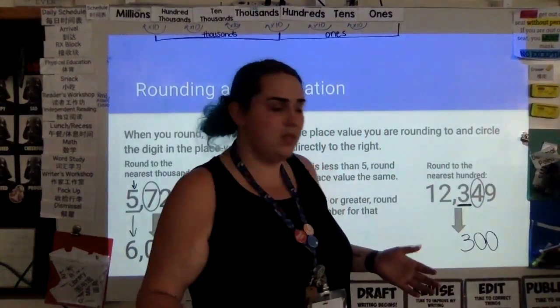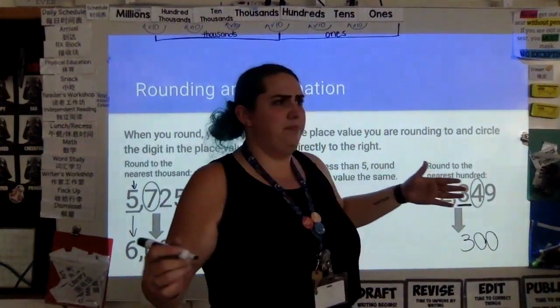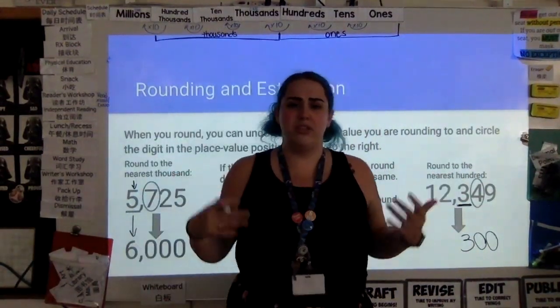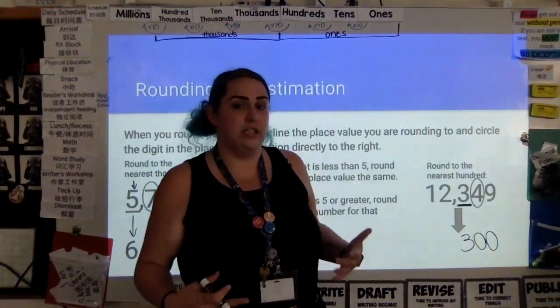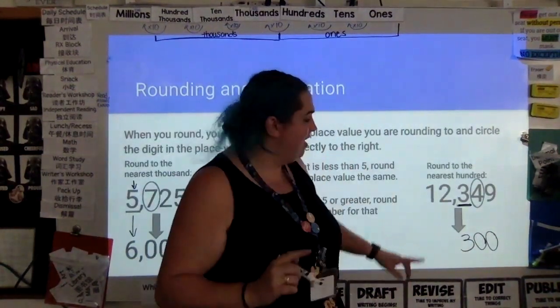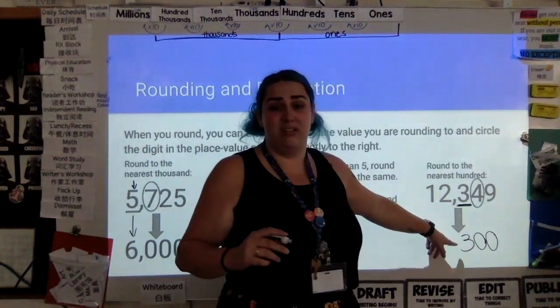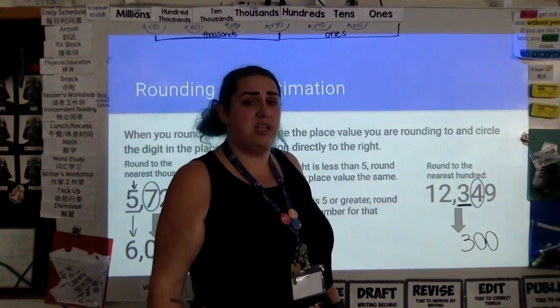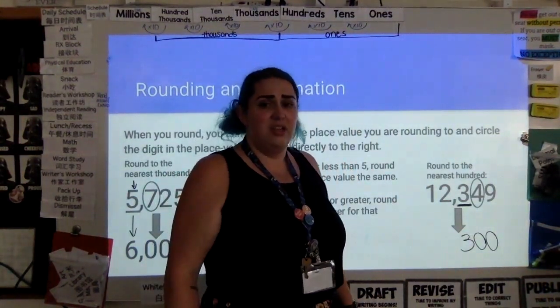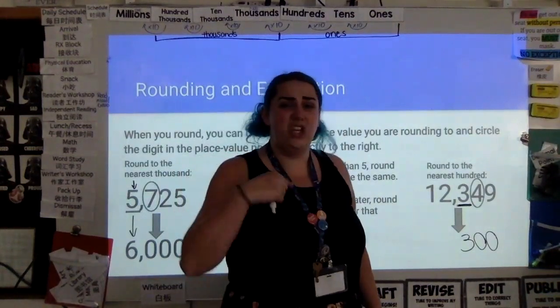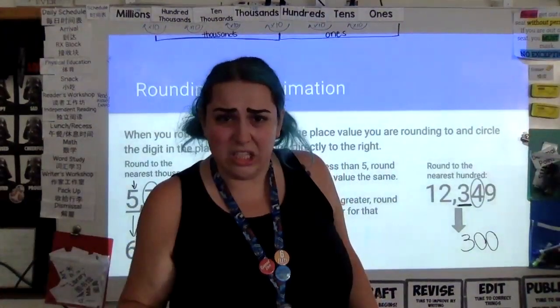But think about it. If I had $12,349 and you told me that rounding it to the nearest 100 would be $300, does that make sense? I'm going to say to you, what happened to my $12,000?